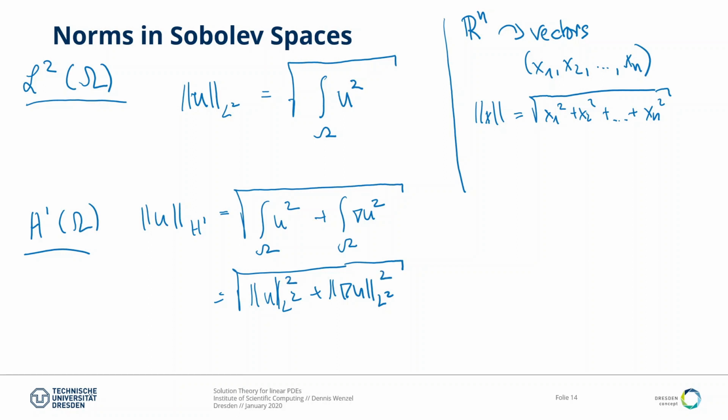One might ask why we are summing up the squares and then taking the square root later on. That question will be answered in a few minutes. So now we have our Sobolev spaces, in particular L2 and H1, which is the extension of L2 into kind of a derivative concept, and we have norms on these spaces. Now let's proceed.